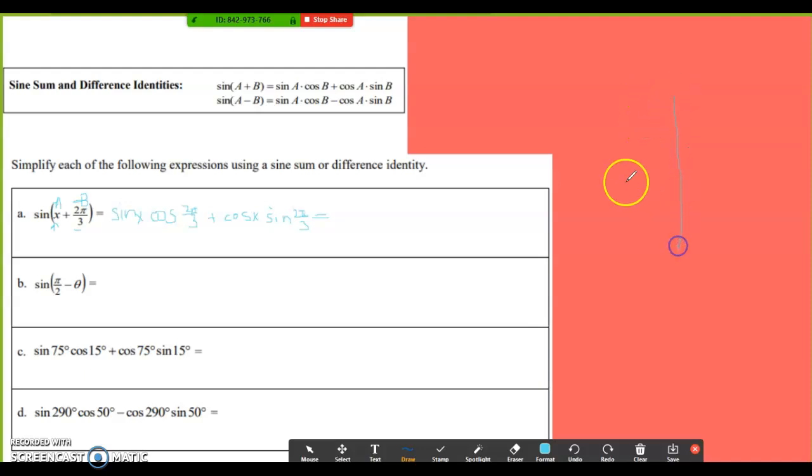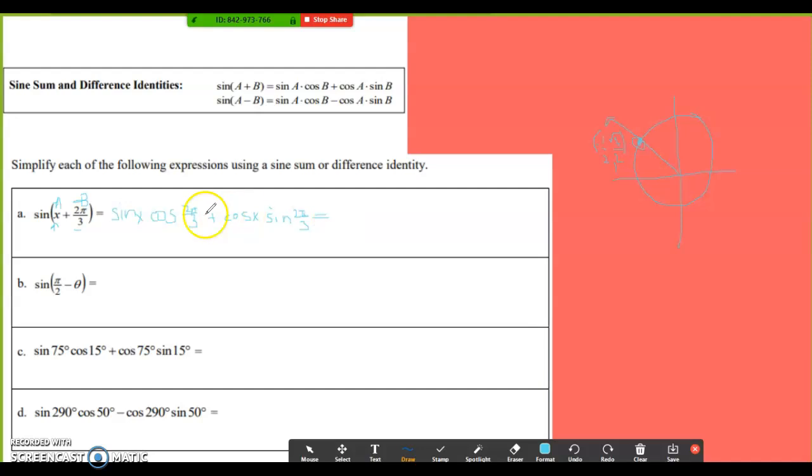If we look at the unit circle, it's our pi over 3 angle that falls in quadrant 2, which means that the cosine of this angle is going to be negative. So this will be negative 1/2, and the sine will be radical 3 over 2.